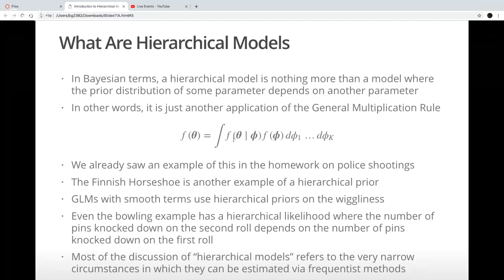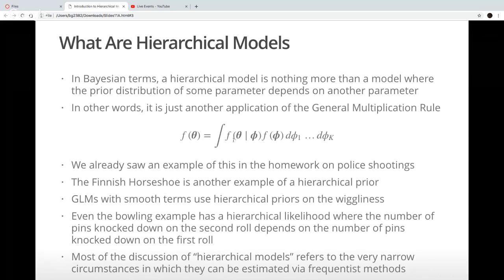But even the bowling example was hierarchical. Now, it didn't have any parameters per se, and that's why we started with it. But it basically had a hierarchical likelihood where the distribution for the number of pins knocked down on the second roll depends on what happens on the first roll.